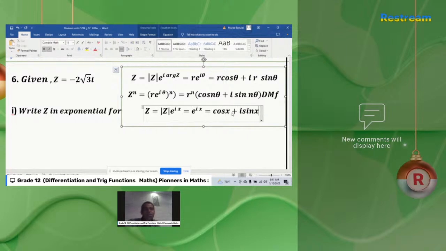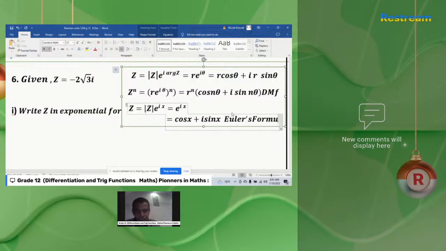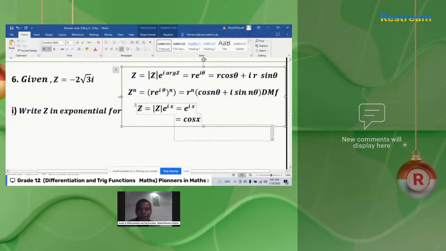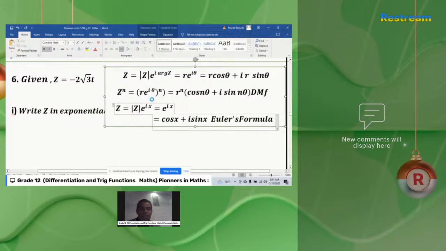This formula, learners, is called Euler's formula. In fact, De Moivre and Euler, these two scientists, worked together in the past, and Euler's formula helped De Moivre to generalize the formula.